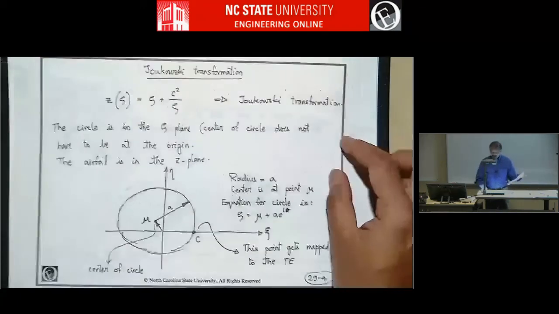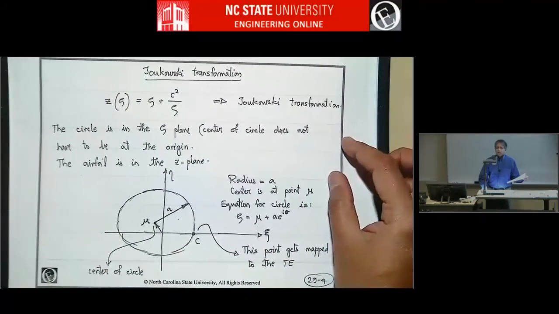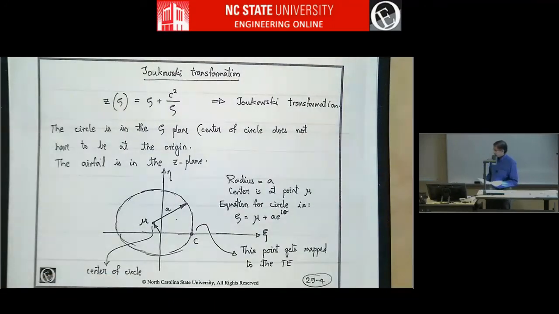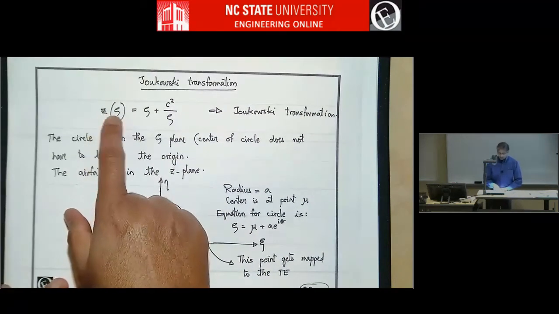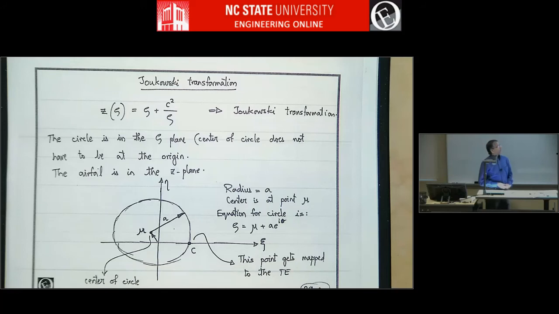One of the early transformations to get flow past an airfoil was done by Joukowsky, I believe a Russian mathematician, aerodynamicist, fluid dynamicist. He came up with this transformation. It's just as simple as this: z of zeta is zeta plus c squared over zeta.